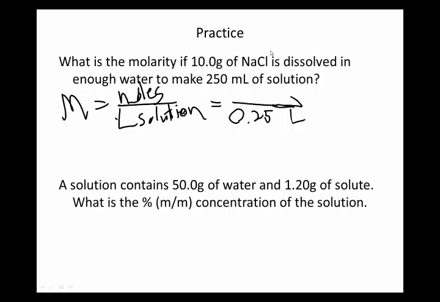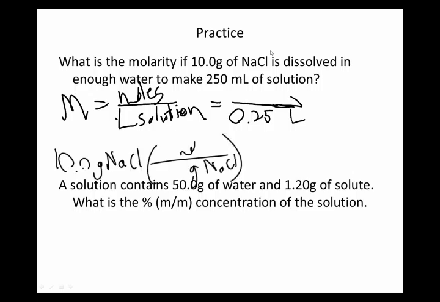Now, the tricky part is the 10 grams of sodium chloride. I need it in moles, but that's a thing we know how to do. So moles of sodium chloride, and so then I just need the molar mass of sodium chloride. I take the mass of sodium and chlorine, and I get 58.44 grams per 1 mole. Sorry, I wrote that really terribly.